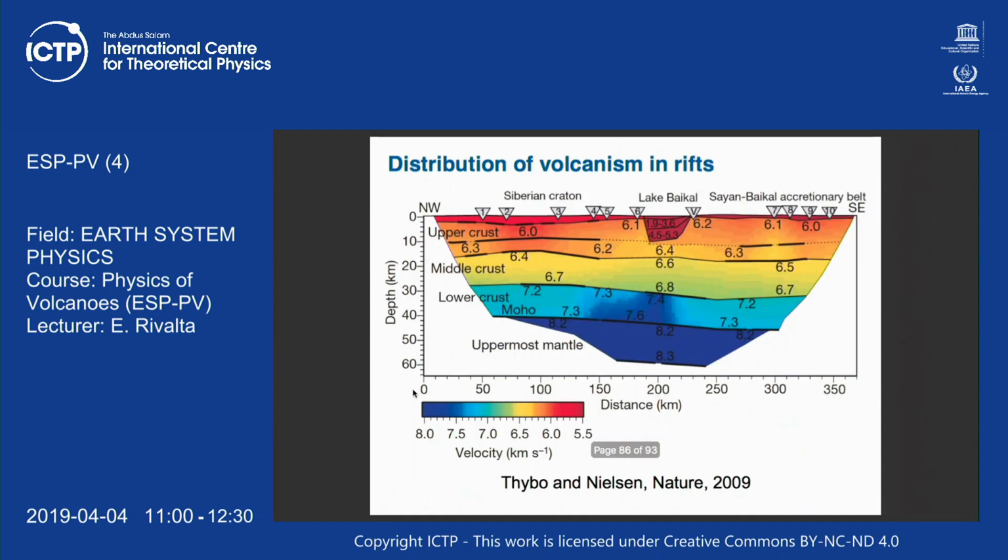Same argument. This is a tomography for Lake Baikal, where basically they had a range of stations all aligned, cross-cutting the lake. The lake is here, and here is this very deep basin with sediments just below the lake.